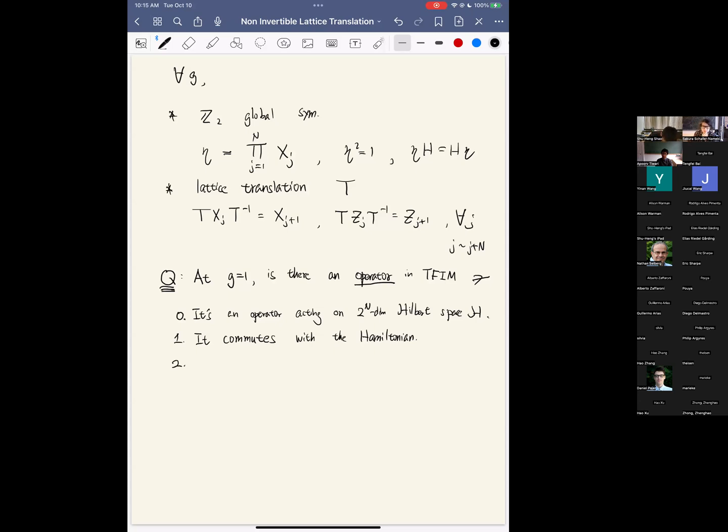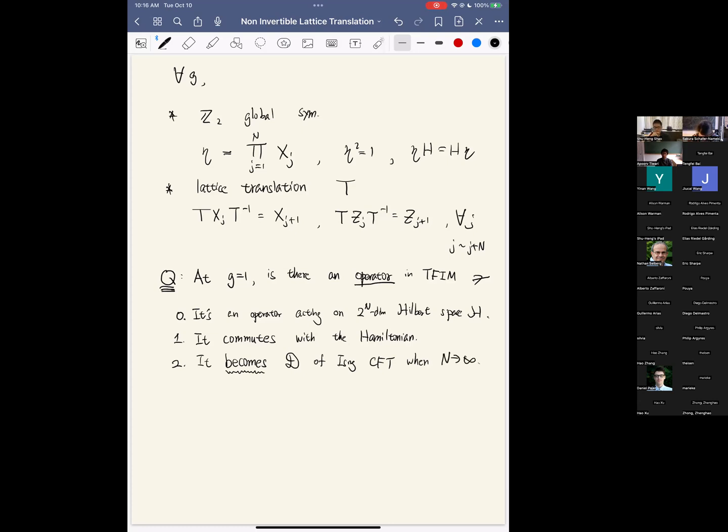And the last condition is that I want it to become the Kramers-Wannier symmetry D of the Ising CFT. I'll clarify what I mean by become when we take the thermodynamic limit.